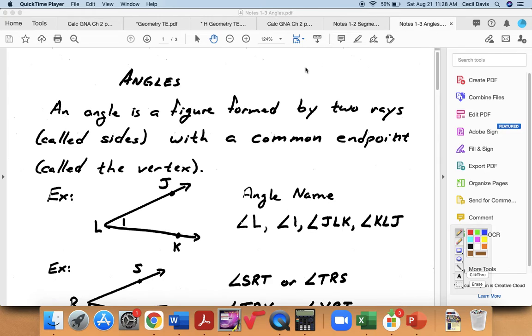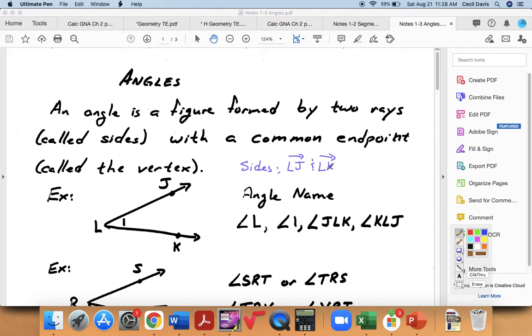So here's an example. I have two rays, ray LJ and ray LK. So the sides of this, I want you to add this to your notes, are ray LJ and ray LK.